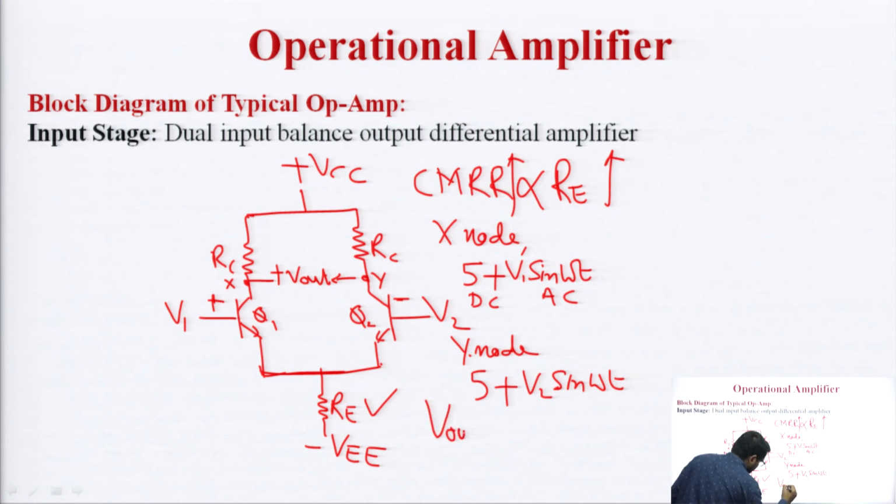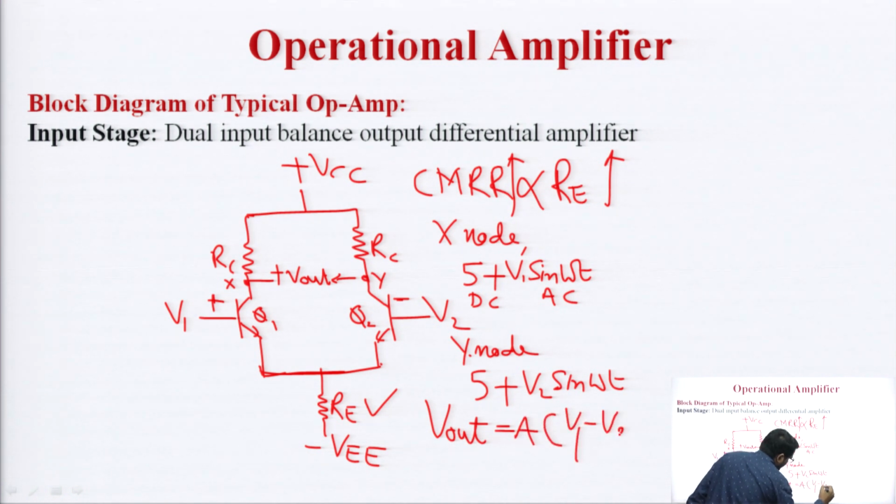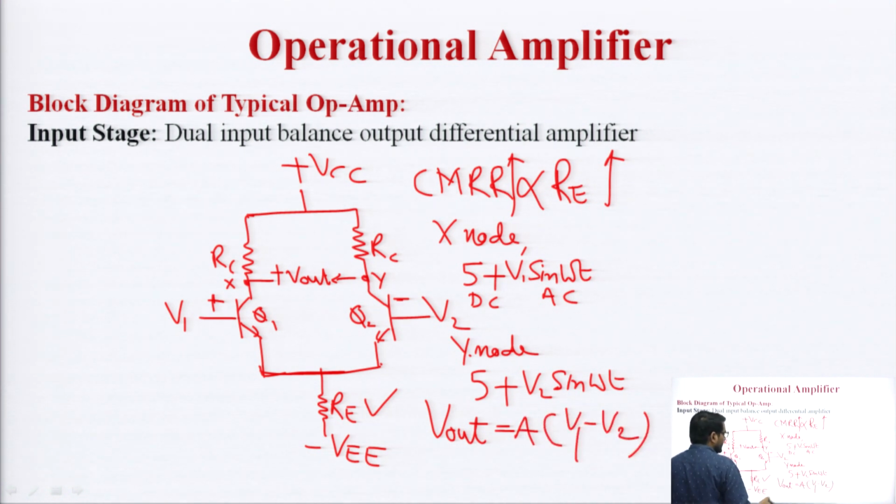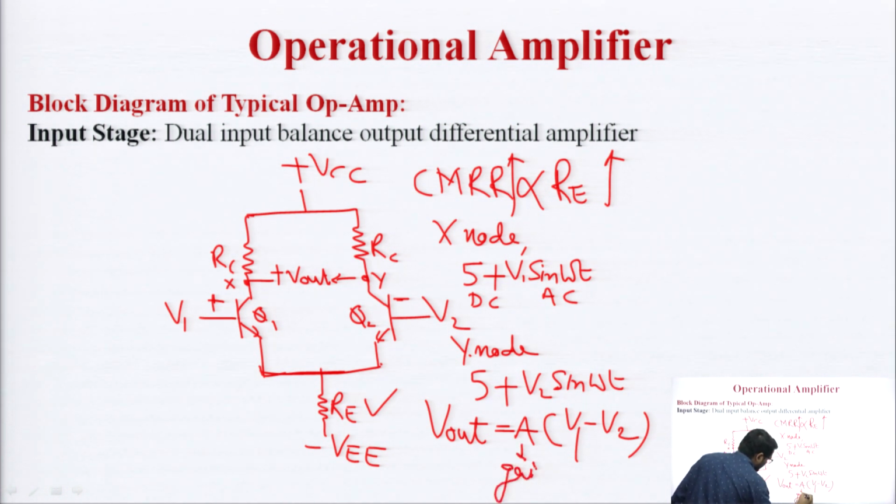The quality of a differential amplifier is that the output will be A times (V1 minus V2), where A is the gain of the amplifier.